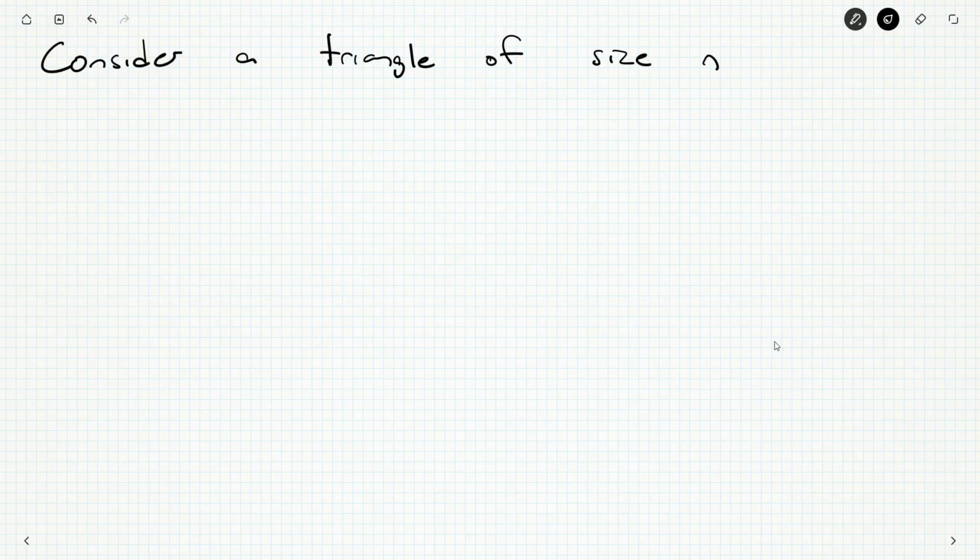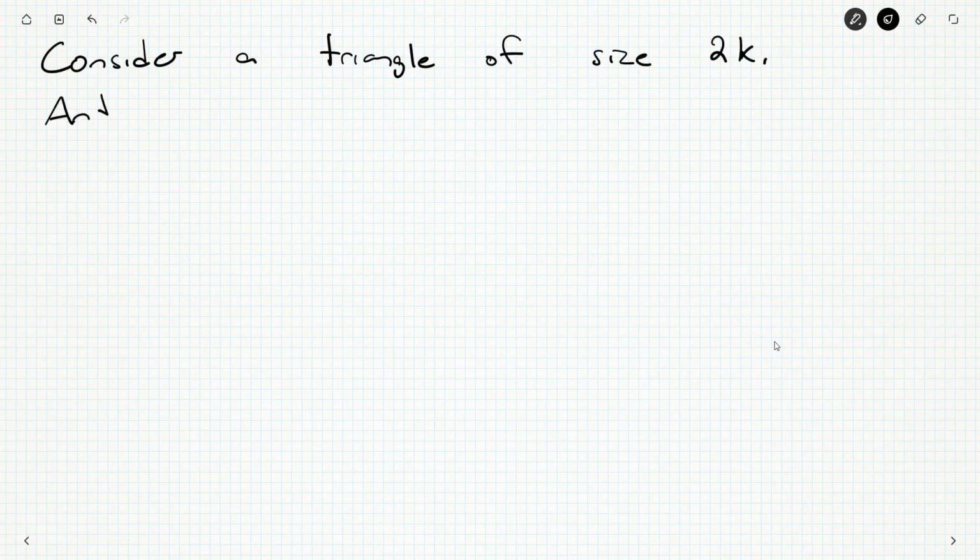Okay. We need to do B. So, we got to write something up. Consider a triangle of size 2k.